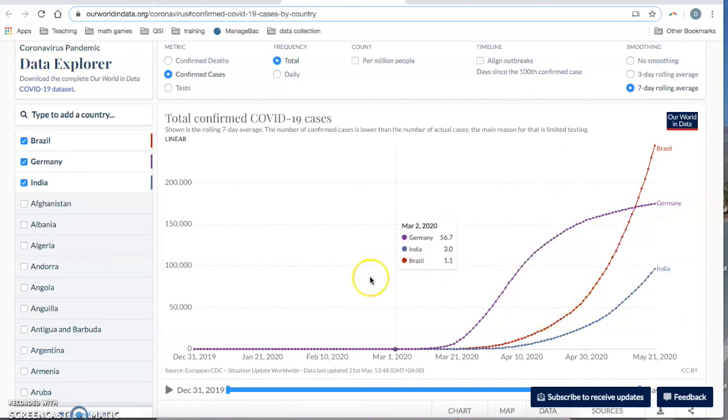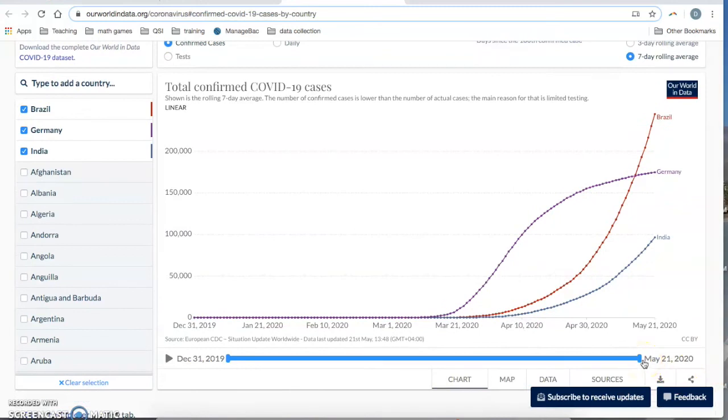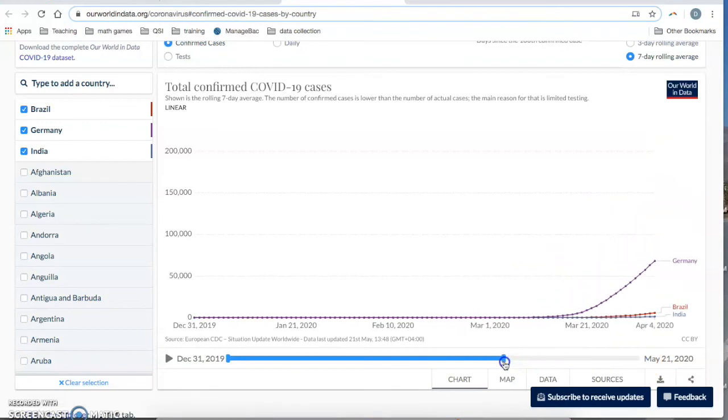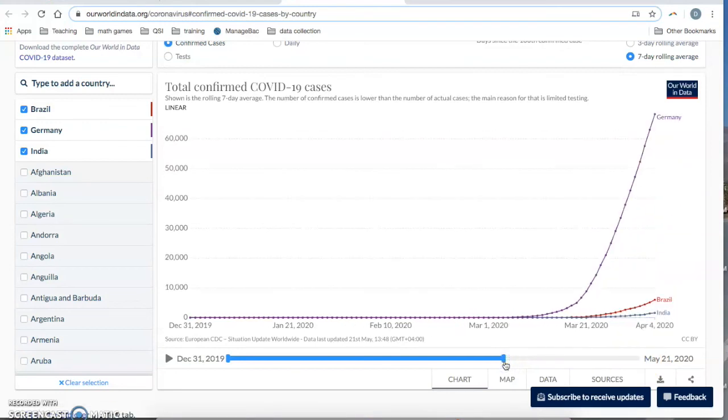Now, you might look at Germany and think, well, that's not exponential because look, it curves upward and it gets flat for a while and then it curves downward. So that's some other kind of weird function. What's interesting is we can change the date here. So if you went back to look at Germany and you just stopped the graph on this date, which is April 4th, this purple line here does look exponential.